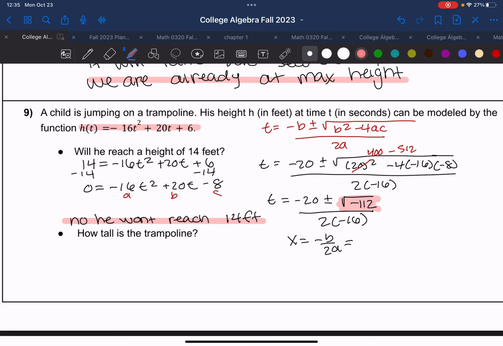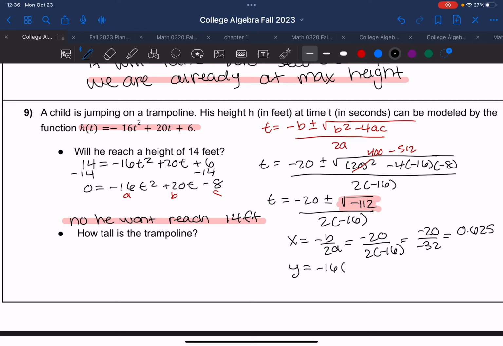We're just seeing what the maximum height is. So negative b, that's negative 20 over 2 times negative 16. That's going to give me negative 20 over negative 32, which simplifies to approximately 0.625. So if I plug that 0.625 into my problem, let's see what we get. This is going to give us the maximum height that this child can jump.